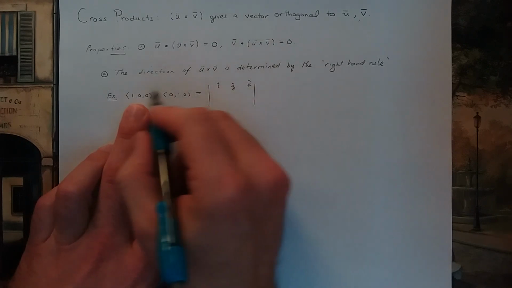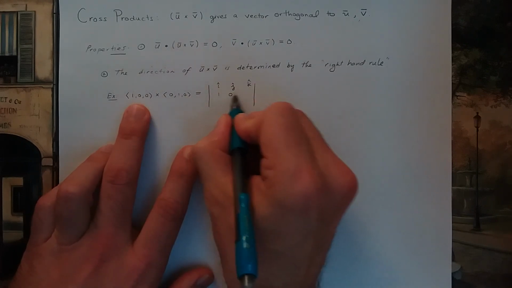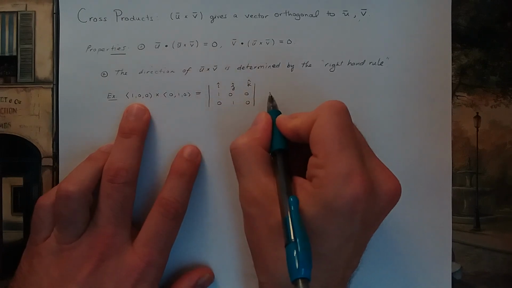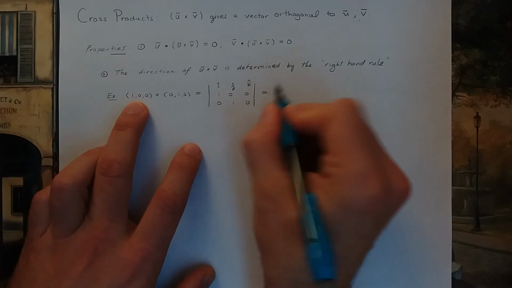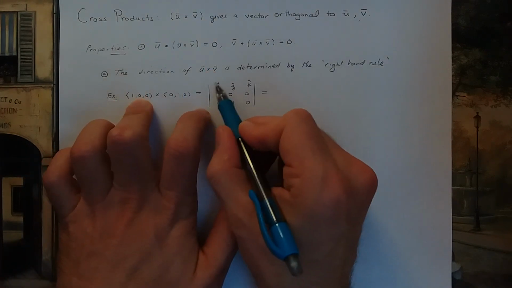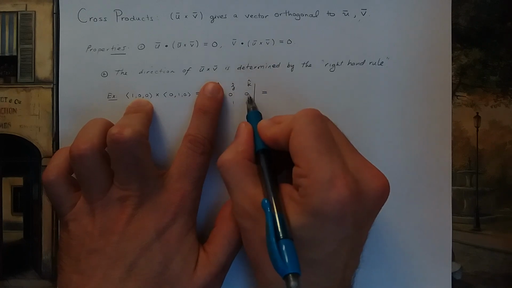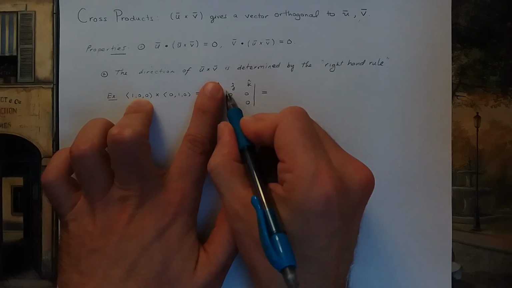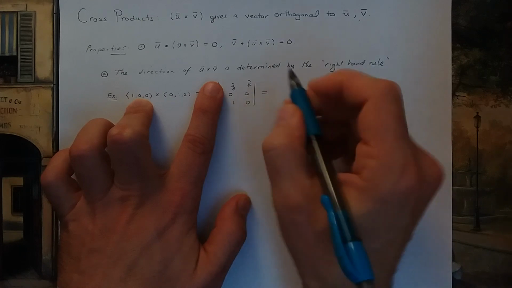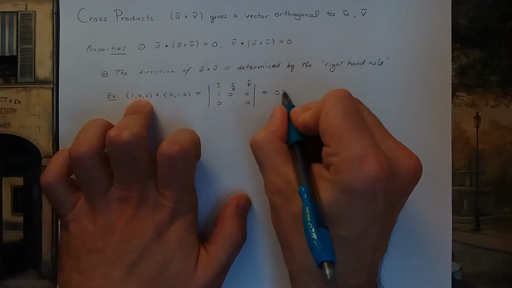In the middle row, I write down 1, 0, 0, my first vector, and in the last row, I write 0, 1, 0. To take the cross product, I imagine crossing off the row and the column containing i hat, and I'm left with 0, 0, 1, 0. If you take that 2 by 2 determinant, you get 0 minus 0. So I actually get 0 i hat.